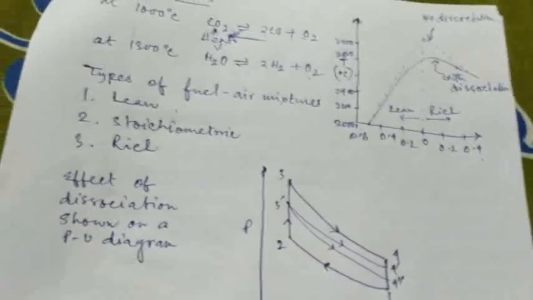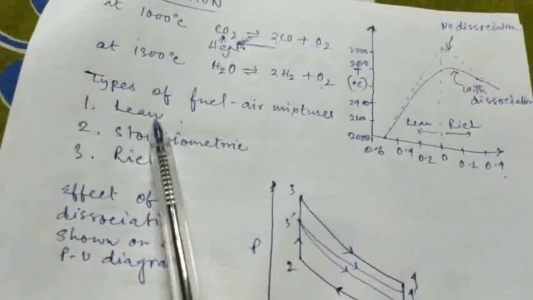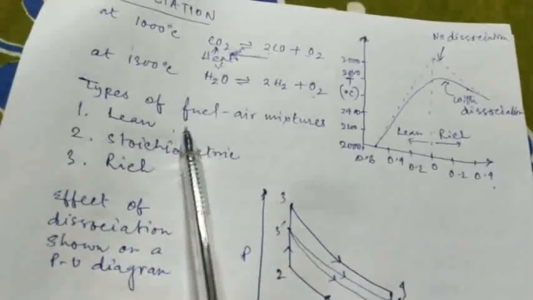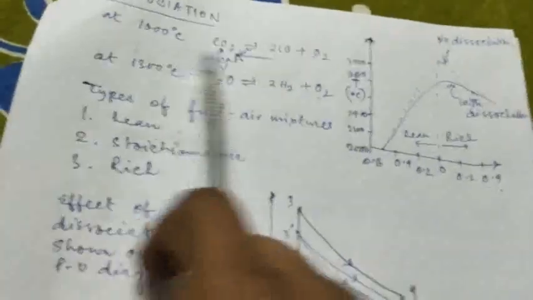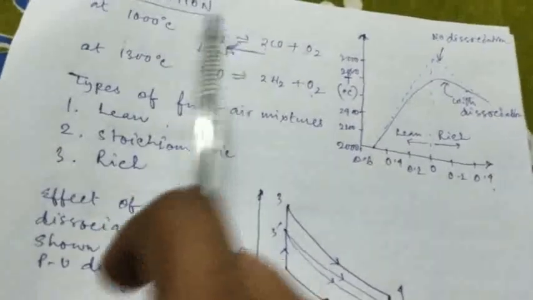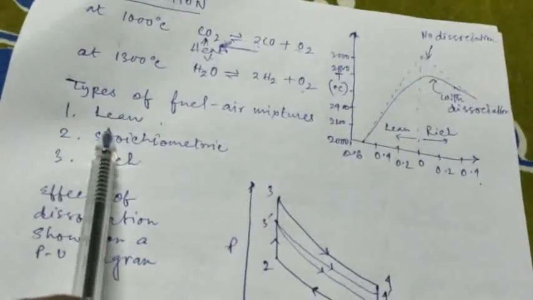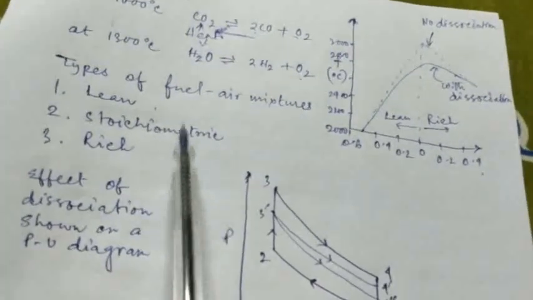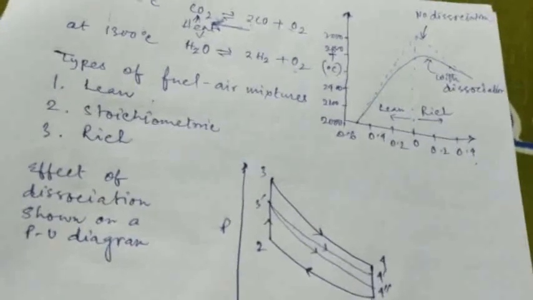Of these three types of mixture, in lean mixture, we know the amount of fuel is less, so there will not be a sufficient amount of heat generation for this dissociation to occur. So dissociation generally does not occur in lean mixture. Next, stoichiometric mixture. In stoichiometric mixture, there will be maximum dissociation. Why?